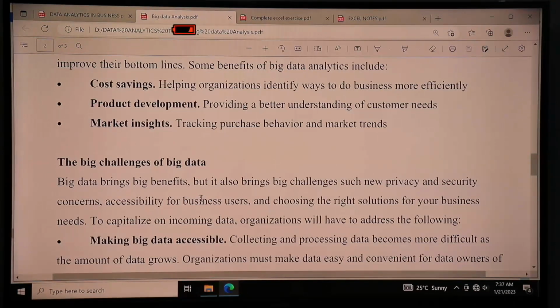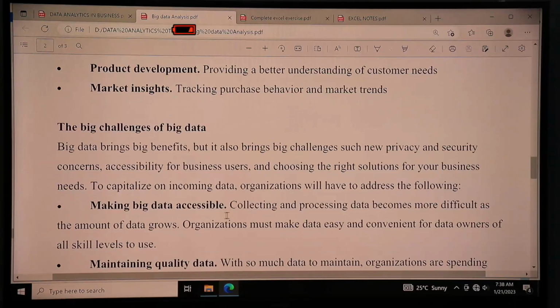So to capitalize on incoming data, an organization has to address those challenges, like making big data accessible. That is, collecting and processing data become more difficult as the amount of data grows with time.